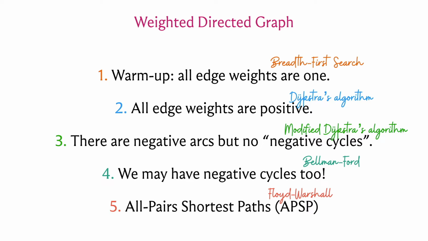If you're interested in the rich history of shortest path algorithms and how some of these really popular ones came about, I would highly recommend the chapter on shortest paths in the algorithms text by Jeff Erickson.